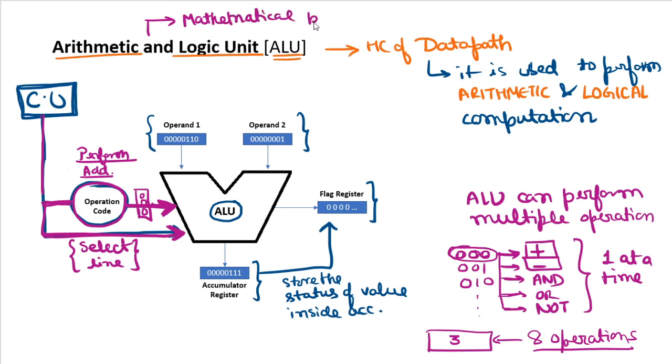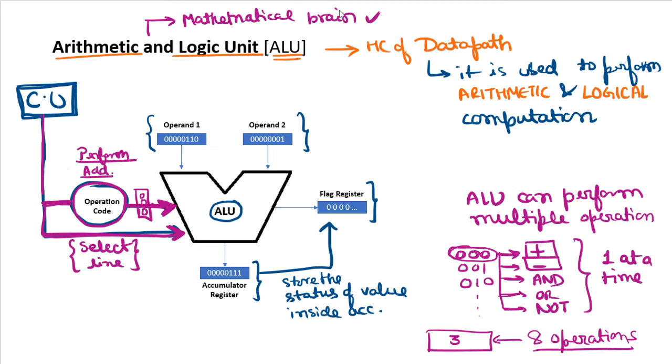Mathematical brain. Why? Because it does all the computation. We also saw registers, right? A register was used to store the values, the binary sequences. But what is the use of those binary sequences?